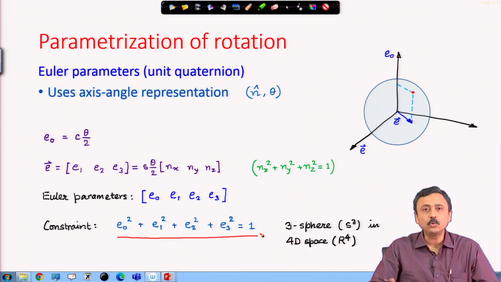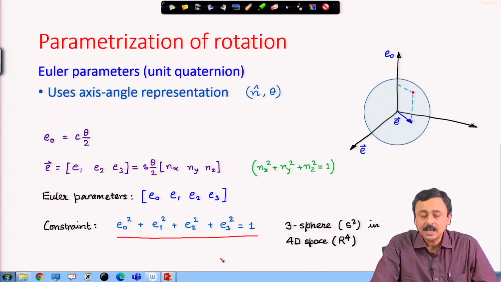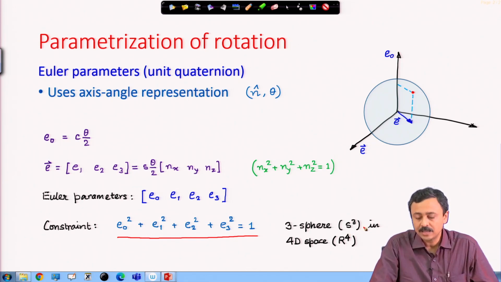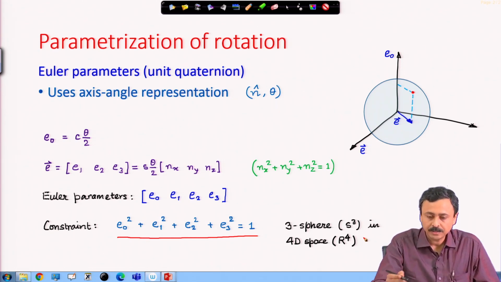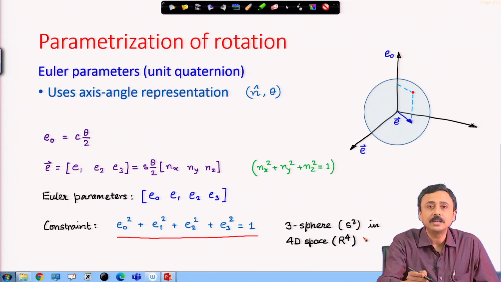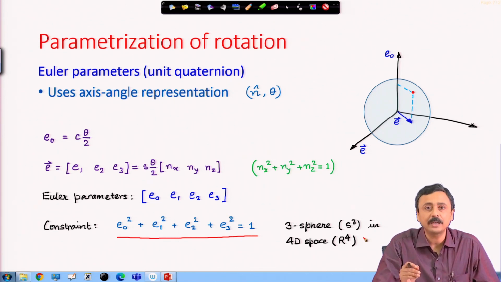So, we say that this is a 2 sphere in 3 dimensional space, that means the surface of the sphere is 2 dimensional. This is a 3 sphere, represented as S3, a 3 sphere in 4 dimensional space. Now, that is an interesting visualization of the Euler parameters, that rotation is decided by a point on a 3 dimensional sphere embedded in a 4 dimensional space.